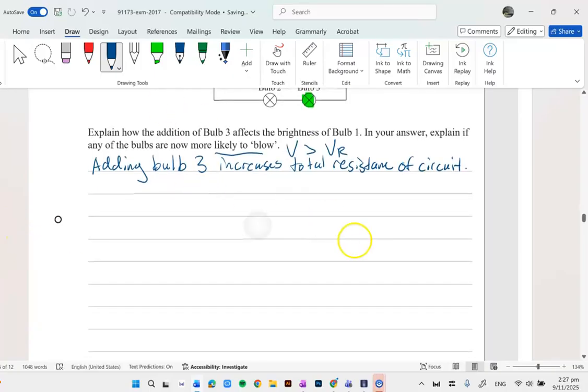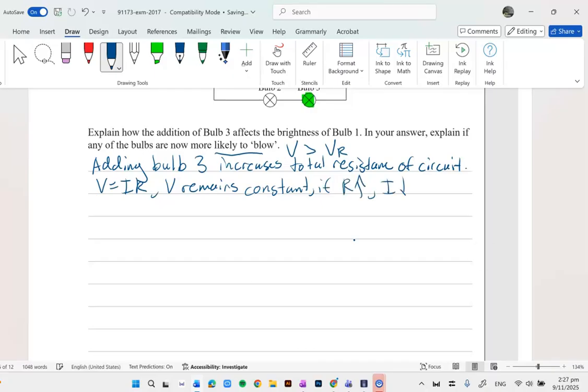So, since V equals IR and V remains constant, because that's the supply, if R increases, that means the current has to come down. Okay, there's my second statement.